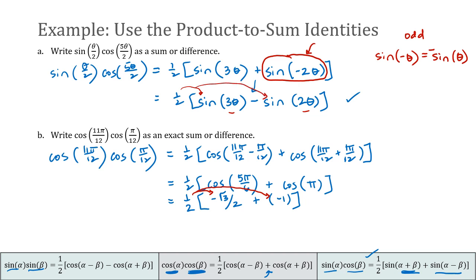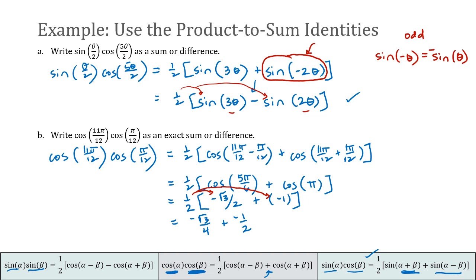But in this example, if I take 1/2 times that first term, negative square root of 3 over 2, it is going to look a little bit different. This is going to become negative square root of 3 over 4. And then if I distribute it to the -1, 1/2 times -1 is negative 1/2.